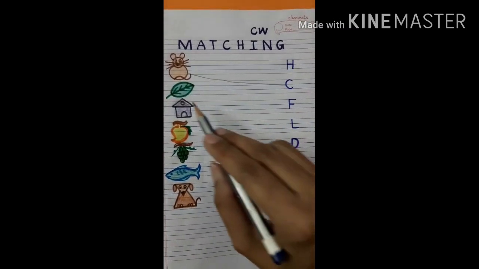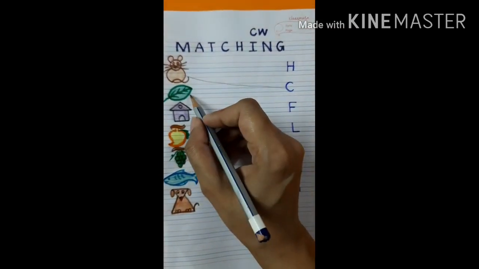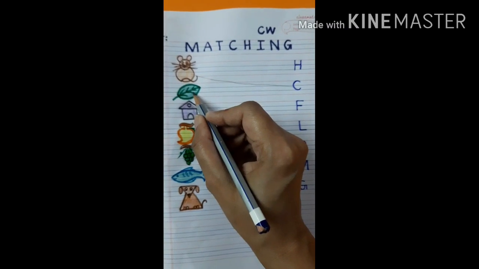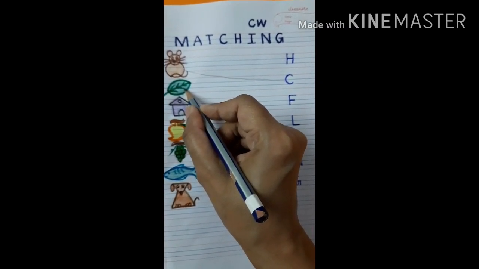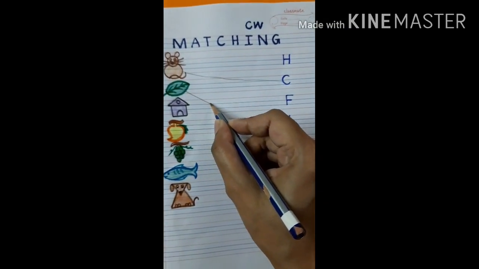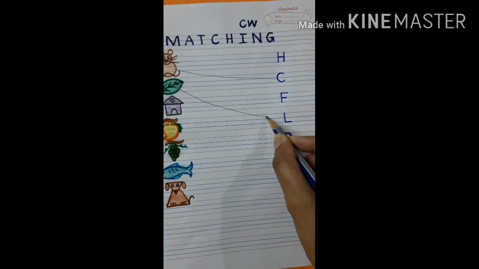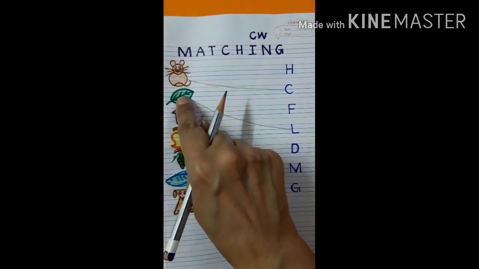So we will match both of them. So keep the pencil on the picture leaf and trace a line towards letter L, like this. L for leaf.